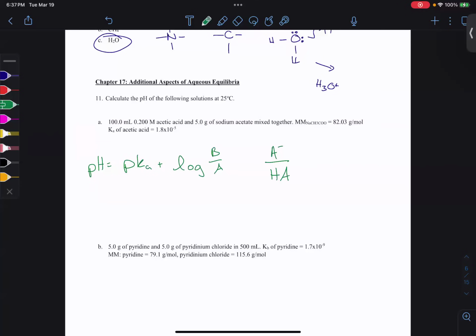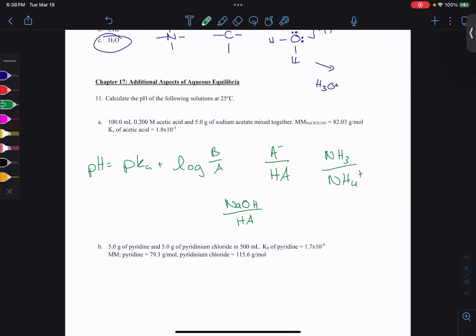It can be A- over HA, or a base like ammonia over its conjugate acid, NH4+. What you can't do is put sodium hydroxide millimoles over HA millimoles, because sodium hydroxide is not the conjugate base of HA.